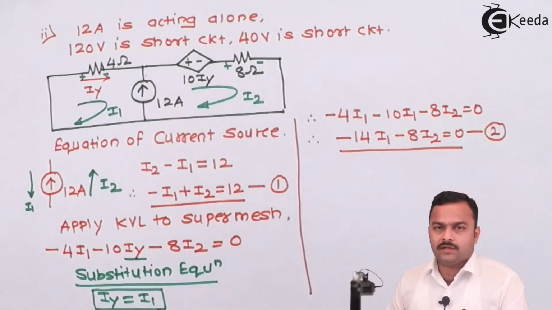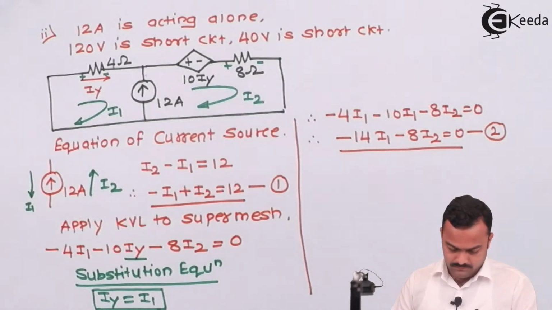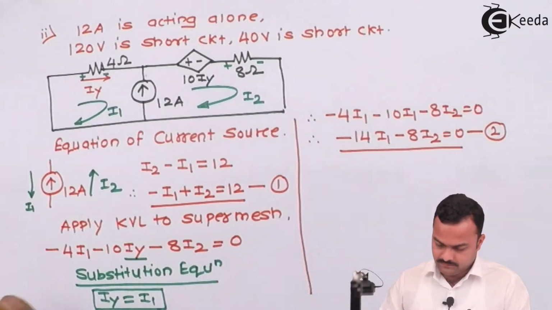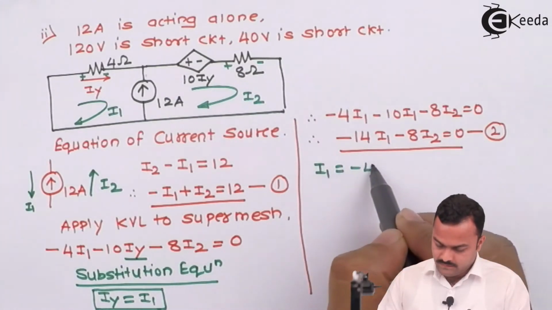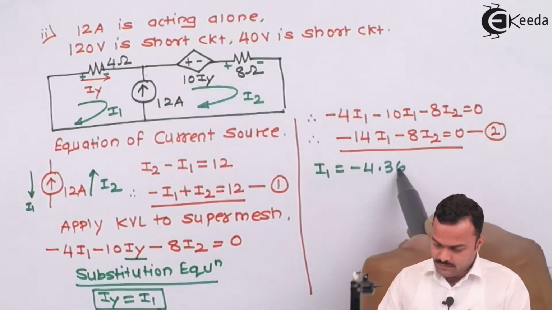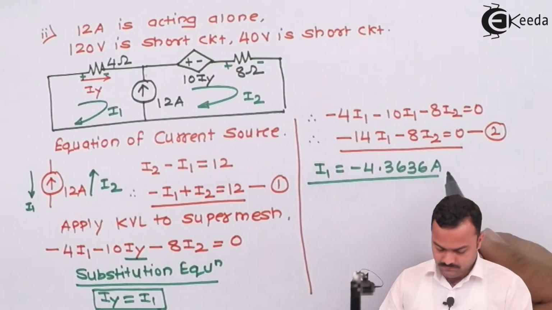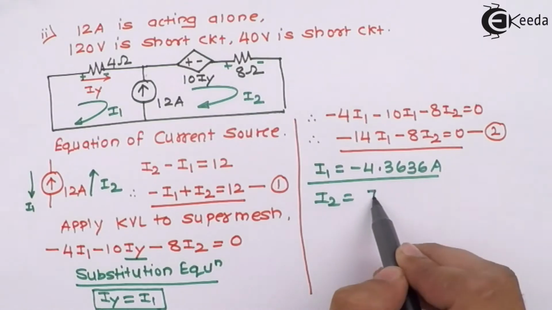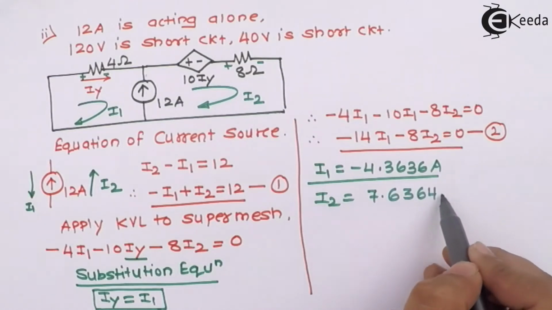Solving these two equations, we will get the values of I1 and I2. So we'll get the value of I1 as minus 4.3636 ampere and I2 as 7.6364 ampere.